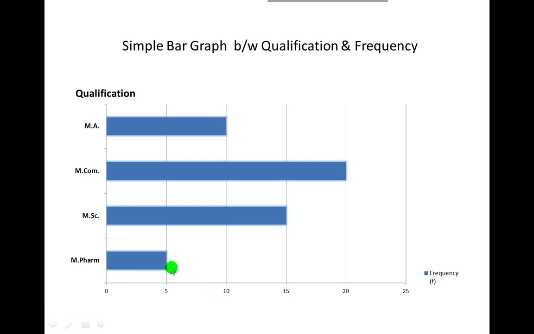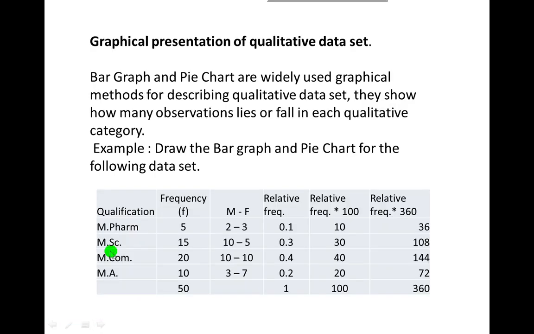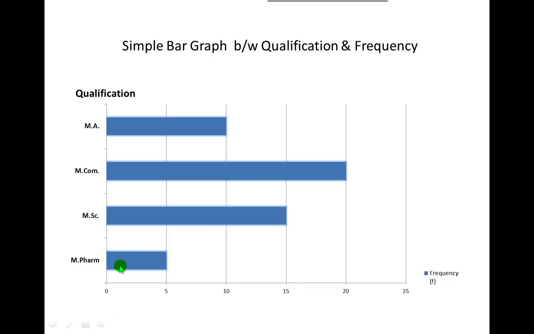There are 5 values. In MSc, the second category, you have 15 observations. MSc 15, MCom 20, MA 10. So the width of the bar is the same. The gap between the bars should be the same, and the length or height of the bar depends on the frequencies.